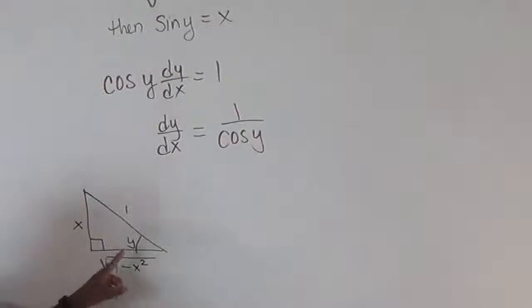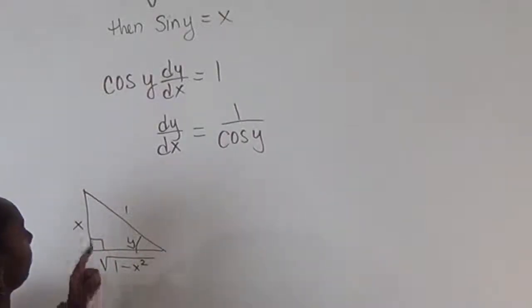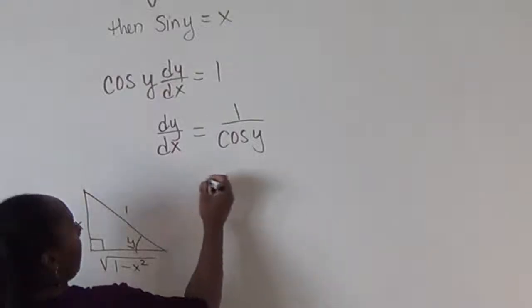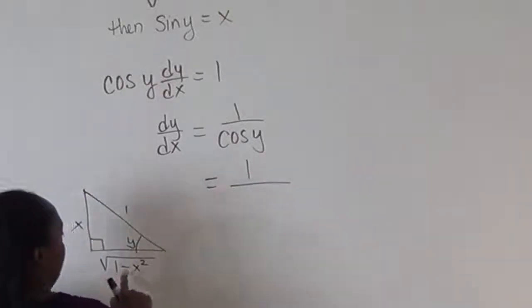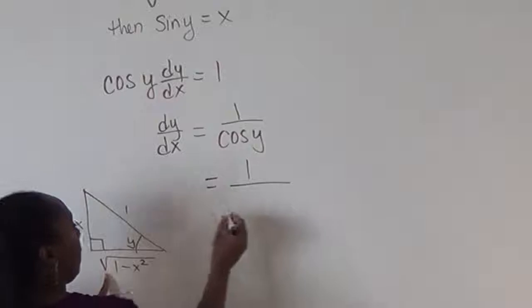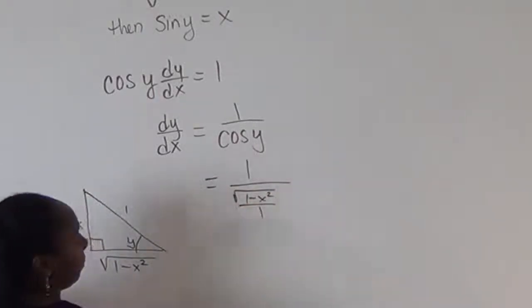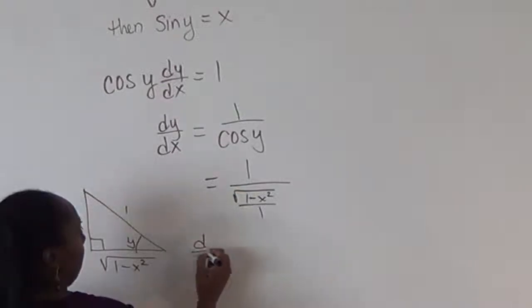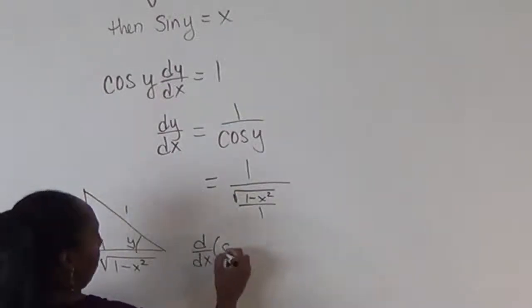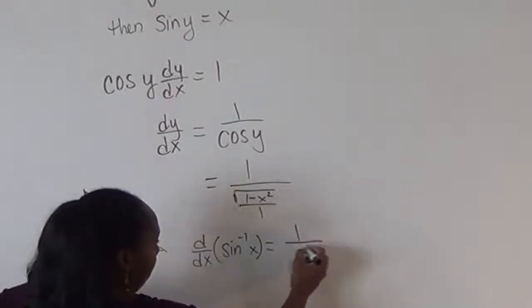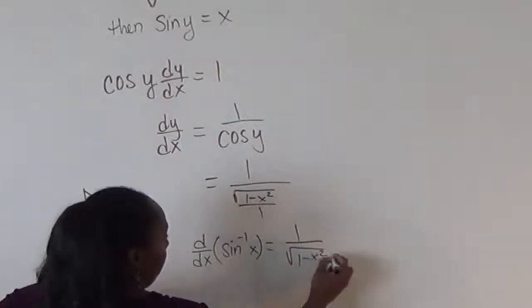And so if I look at the cosine of y, it is adjacent over hypotenuse, which is the square root of 1 minus x squared over 1. So the derivative with respect to x of the arcsine of x is going to equal 1 over the square root of 1 minus x squared.